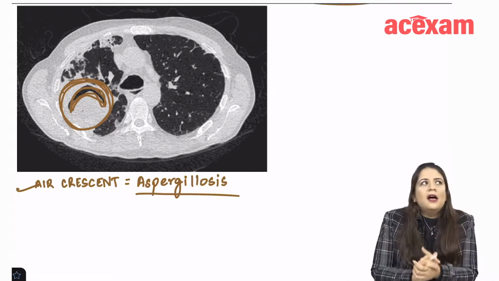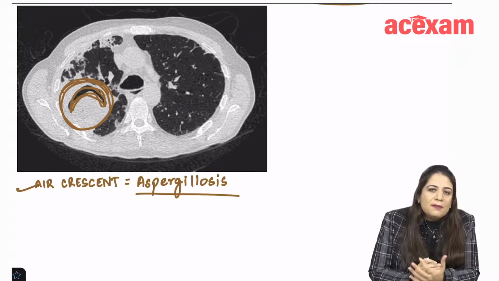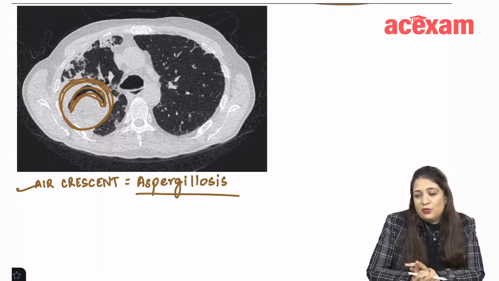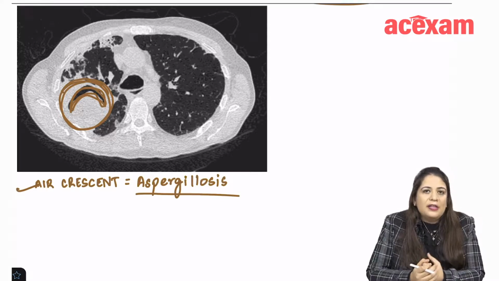What this aspergillus organism does is that it tends to invade the pulmonary vasculature of the lungs, and by invading it, it tends to cause infarct. And this infarct, though temporary, tends to get resolved.